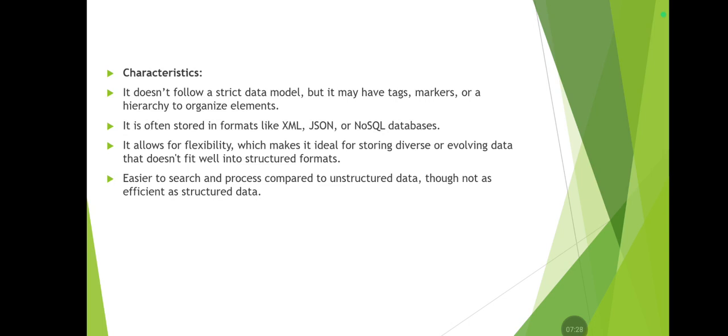Then next, it is easier to search and process compared to unstructured data, though not as efficient as structured data. So here are the different types of data: structured data, semi-structured data, and unstructured data.